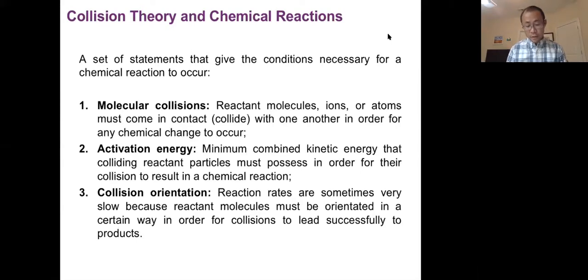Now, like I said earlier, this chapter is kind of like a few chapters wrapped together into a big chapter in Chem 101 because it's a fundamental. So sometimes those concepts are thrown directly at you, such as this one we call collision theory and chemical reactions.